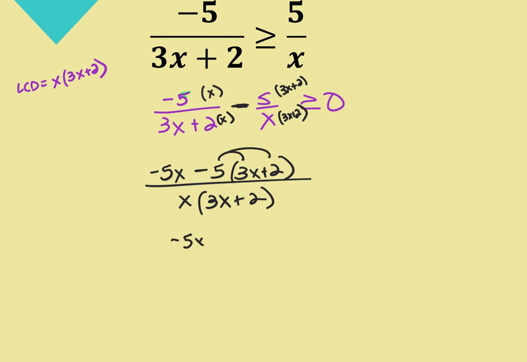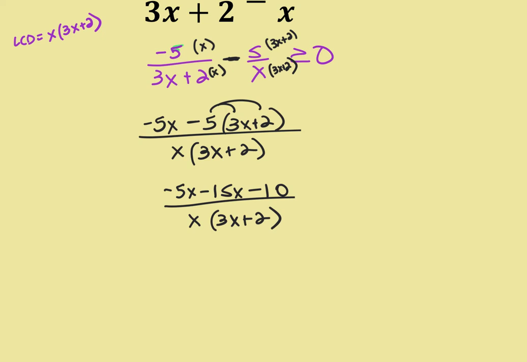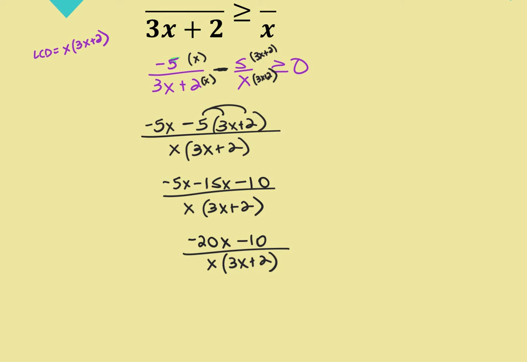So negative 5x minus 15x minus 10 over x times 3x plus 2. Combine like terms in the numerator, negative 20x minus 10 over x times 3x plus 2. All of that is greater than or equal to 0.